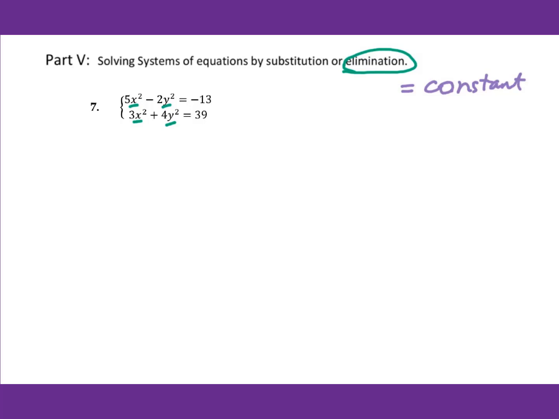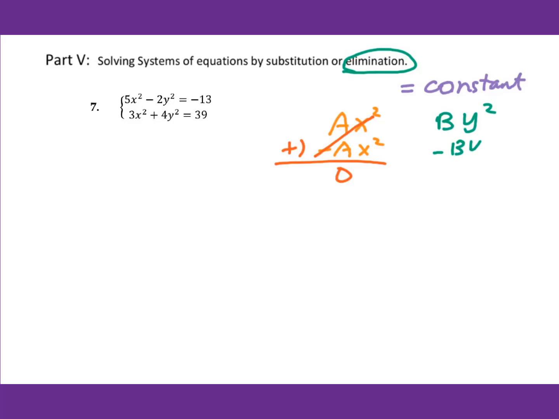Therefore, try to create opposite x squared or y squared, like ax squared, negative ax squared. So we add, you will get 0, cancel out. Or you can get by squared, negative by squared. Still adding and then get 0.